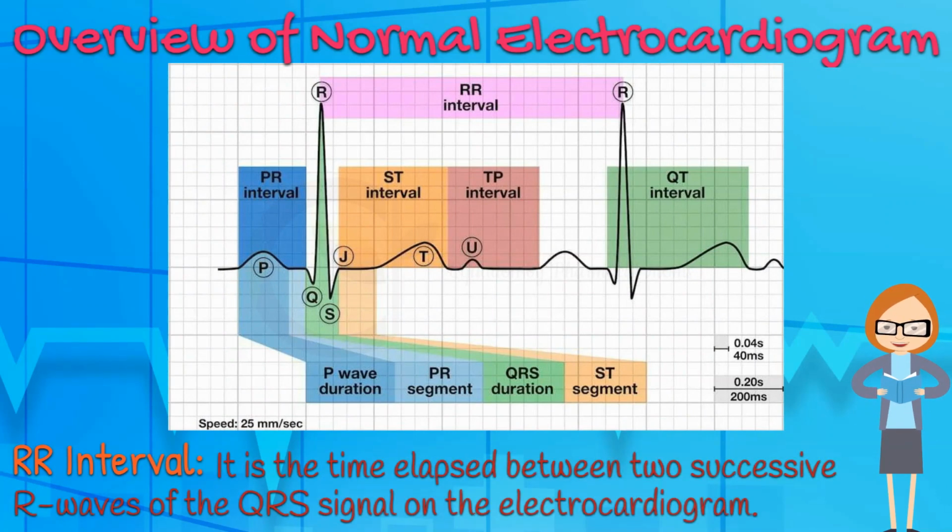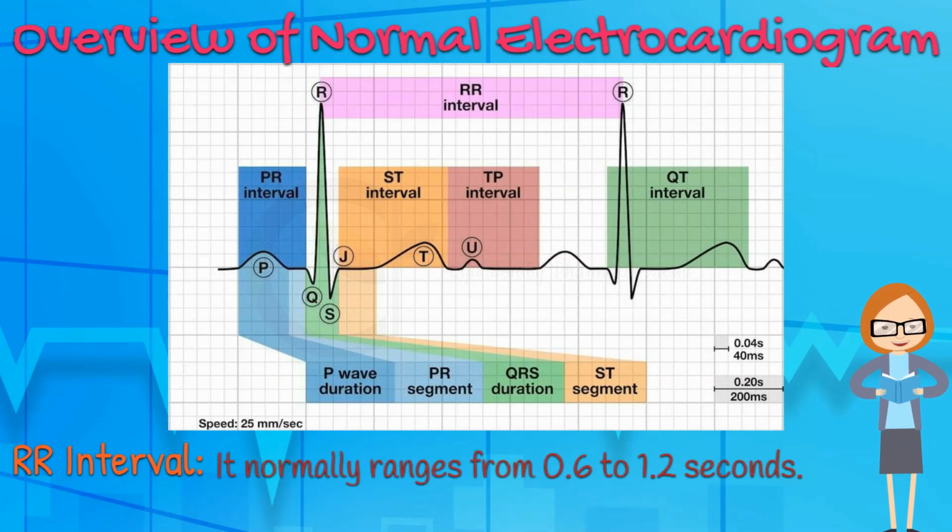RR interval is the time elapsed between two successive R waves of the QRS signal on the electrocardiogram. It normally ranges from 0.6 to 1.2 seconds.